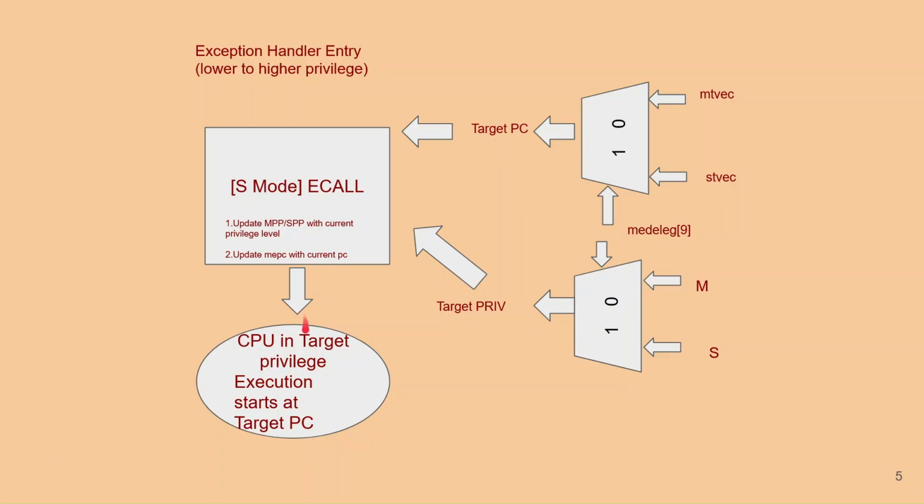It changes the current privilege level to the target privilege level and then jumps to the trap handler PC taken from MTVEC or STVEC. At this point, the execution starts in the handler, which now has full context about what caused the trap and where to return afterward.